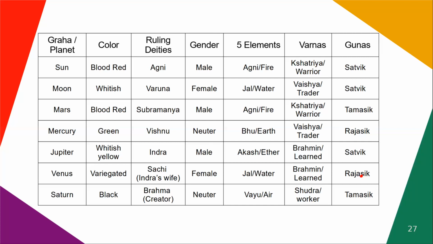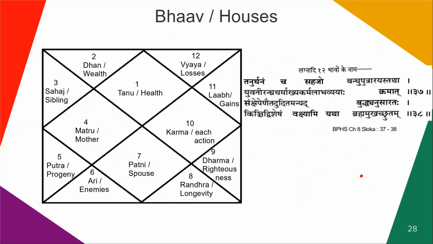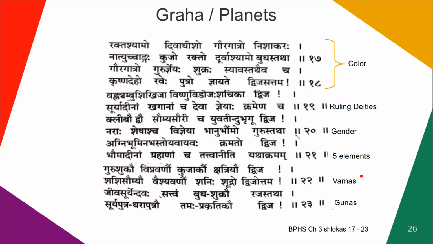So if anyone's Saturn is well placed, that person can go on working for hours without getting tired. This way, Maharshi Parashara gives us the different types of varna to which each planet belongs. Now, the last shloka of this session for the planets will give us the information about the guna.